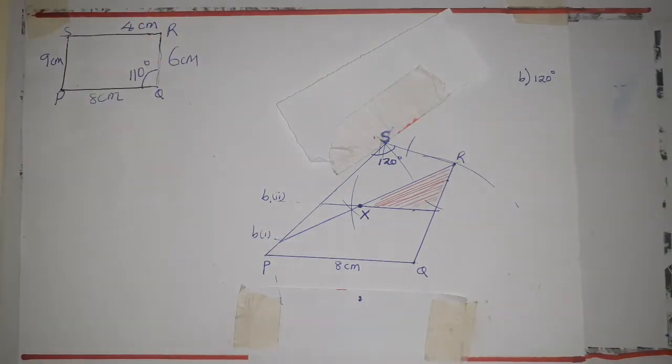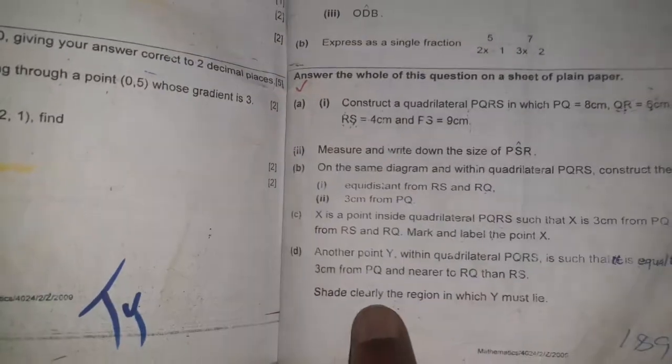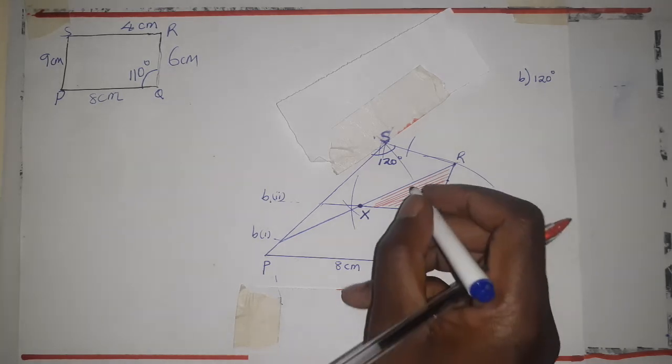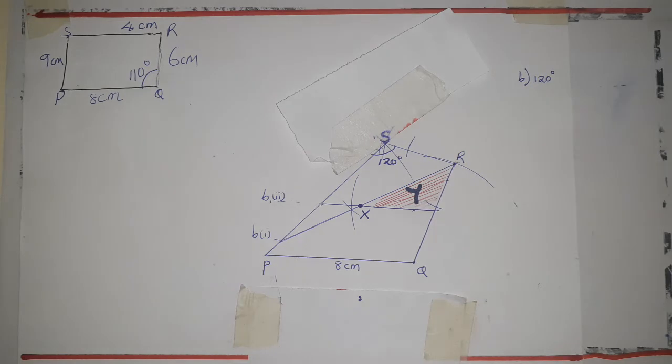Okay, this is the region that they are telling us to shade, and they are saying, this another point Y. So the last part says shade clearly the region in which Y must lie. So this is the region in which Y must lie.